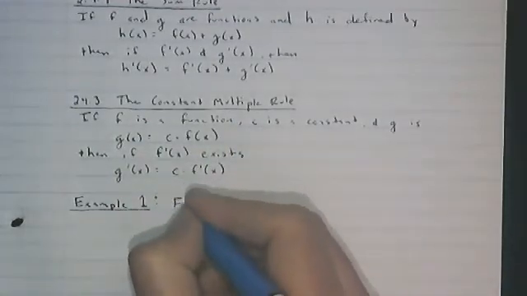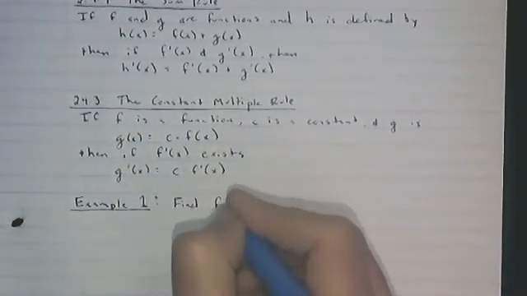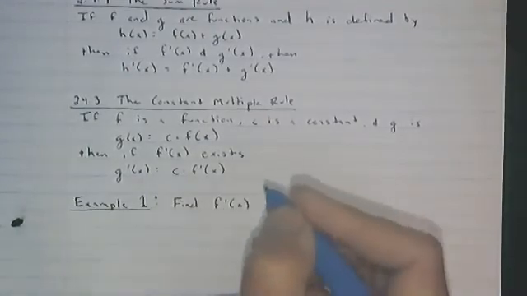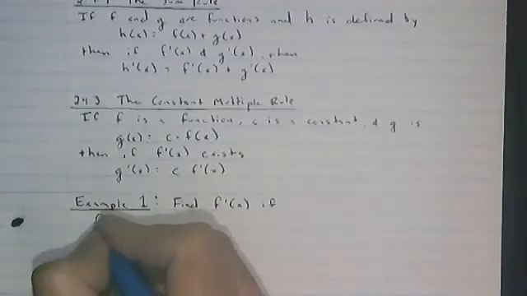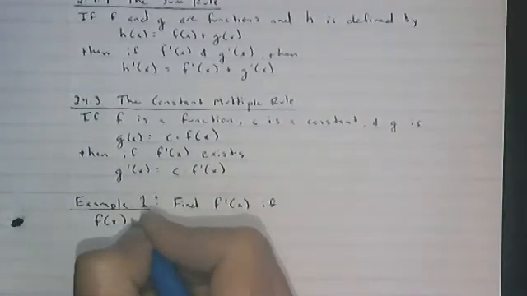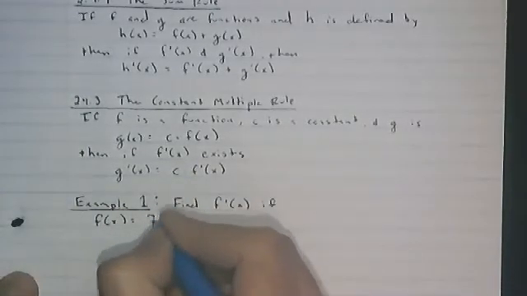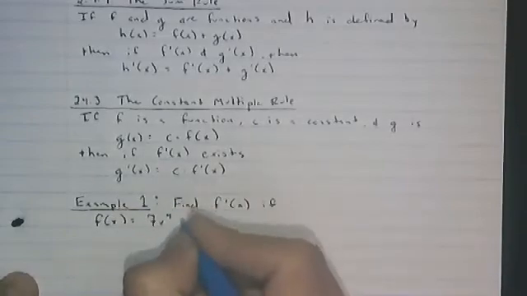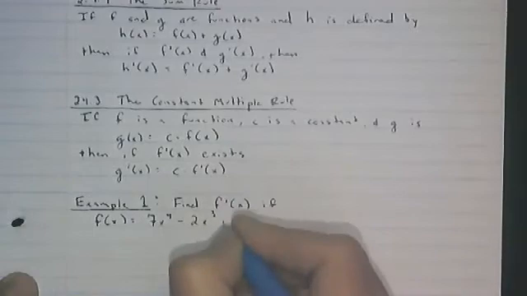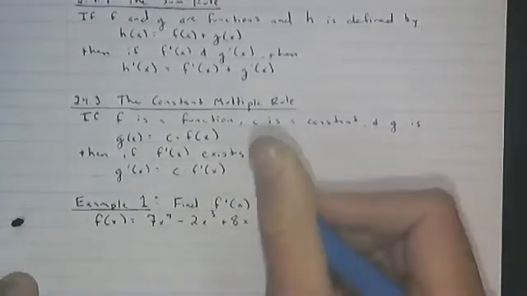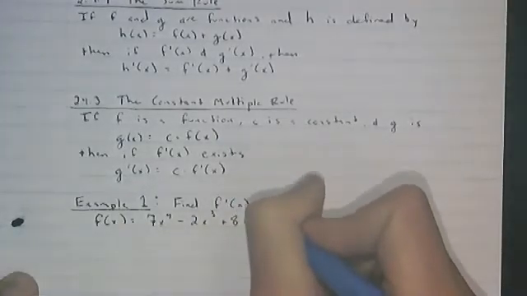Find f prime of x, the derivative of f, if f is 7x to the 4th minus 2x cubed plus 8x plus 5.